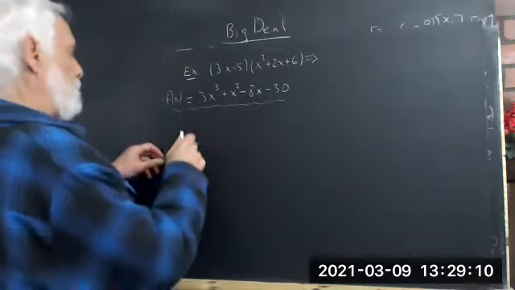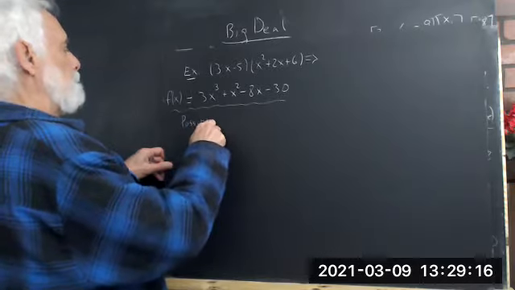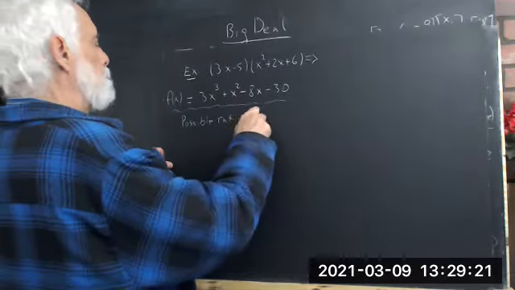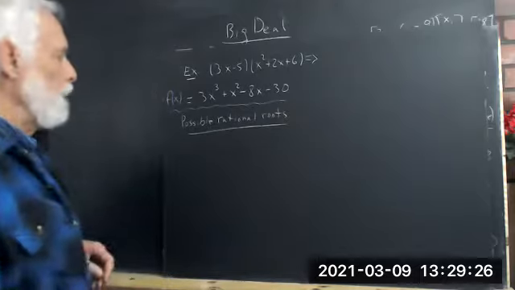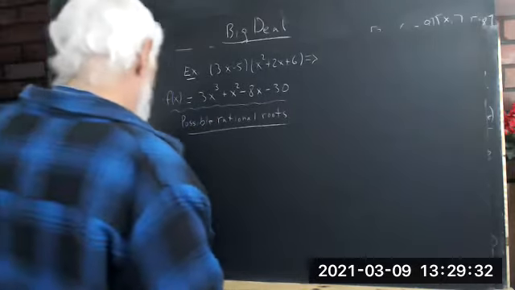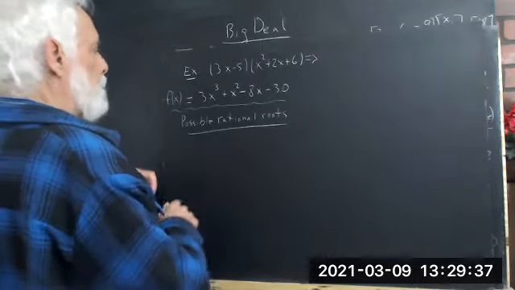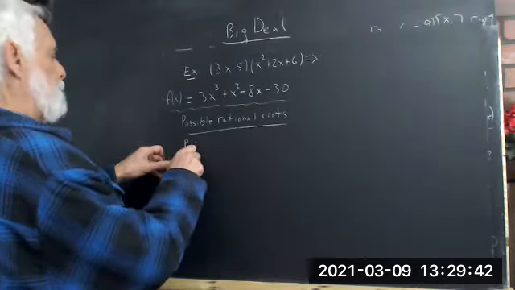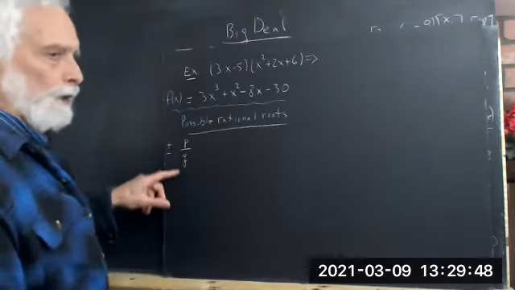Well, we have possible rational roots. Plus or minus p over q.